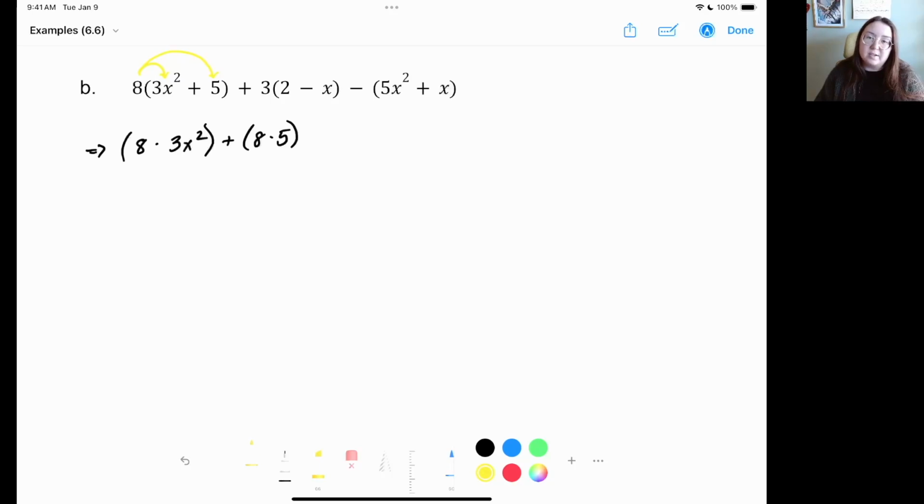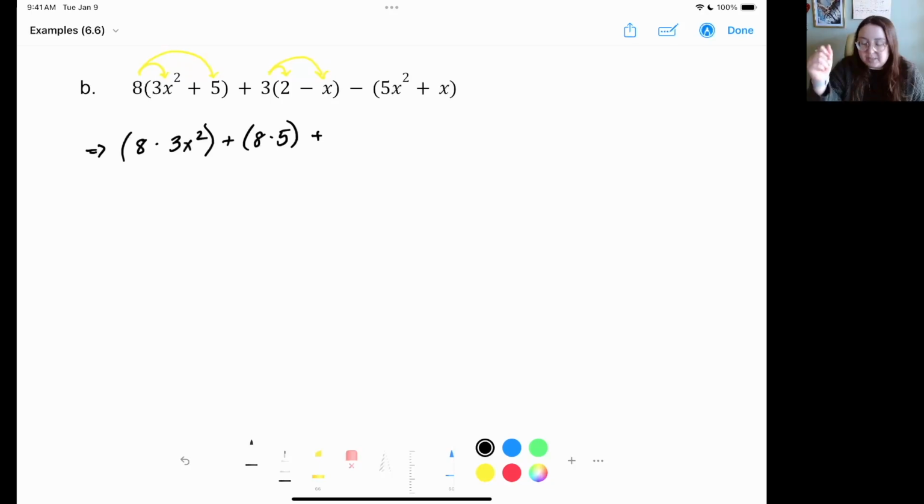Then for our second part here, 3 times 2 minus x, we're going to do the same thing. So we're going to have 3 times 2 and 3 times negative x. So we're going to keep adding here, because remember we always want to add our groups together.